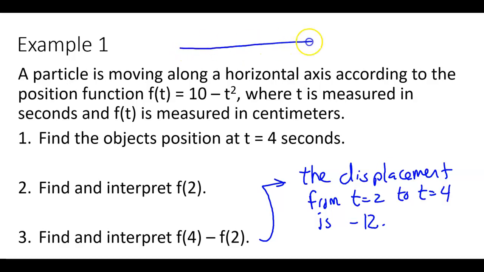It's to the left. At 2 seconds it was here, and then at 4 seconds it's here. So its final position is 12 spaces to the left of where it was at 2 seconds. This is at t equals 2, and this is at t equals 4. So its displacement is negative 12 because we went 12 spaces to the left after that point.